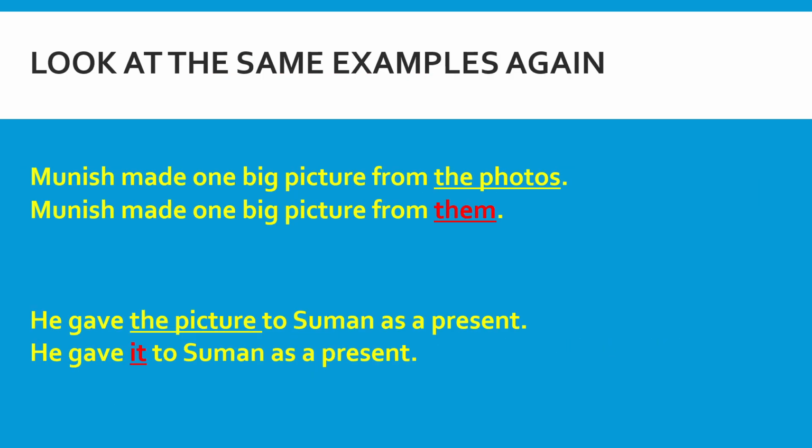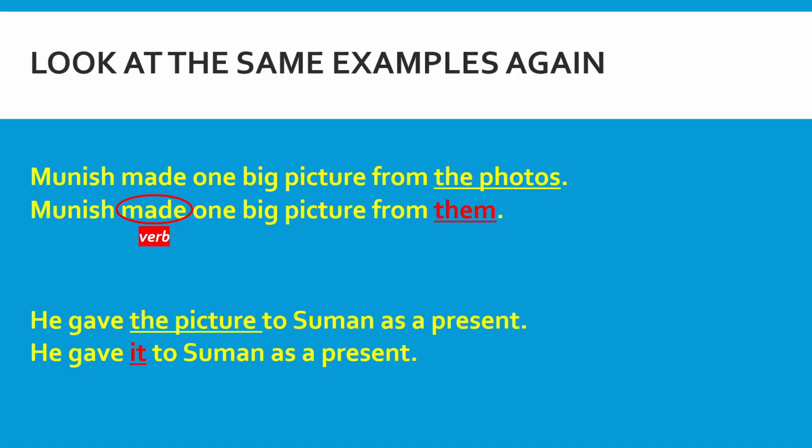Just now I said, Manish made one big picture from them, and obviously we know that them refers to the photos. However, in our definition just now in the previous slide, it was mentioned that object pronoun appears only after the verb. So the verb that we can identify here is made.